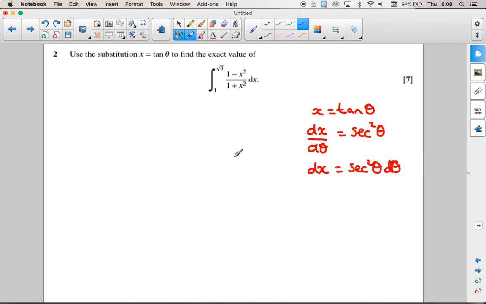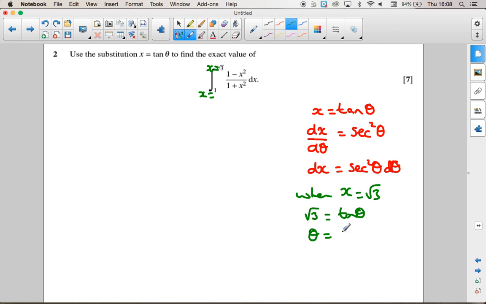Okay. It's a limits question where it's a definite integral. So at the same time, these are my x bounds, I'm going to convert these to theta bounds. So when x equals root 3, theta is going to be the inverse tan of root 3, making sure you're in radians for integration.